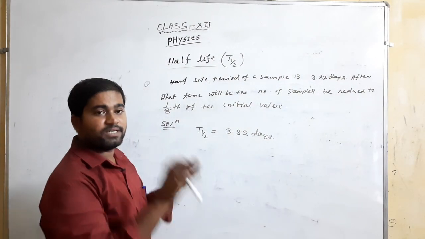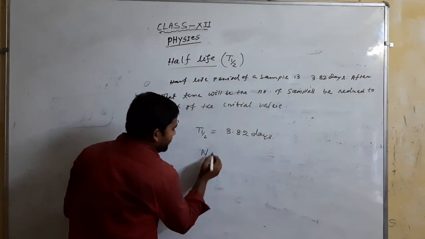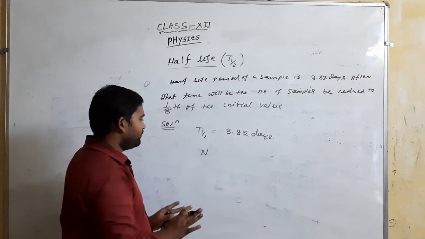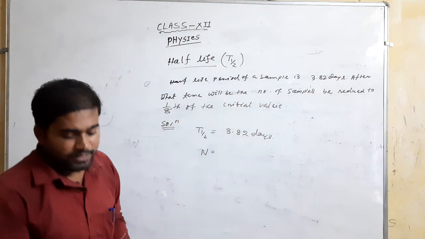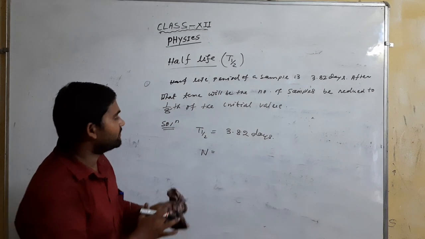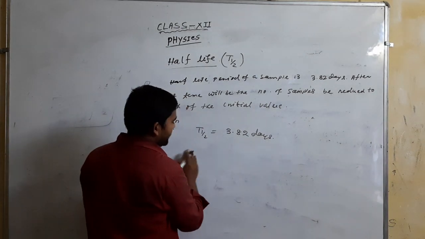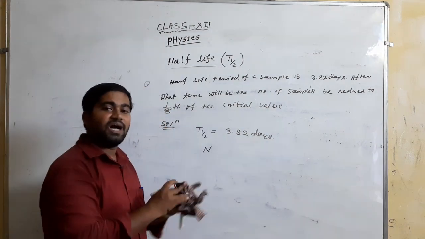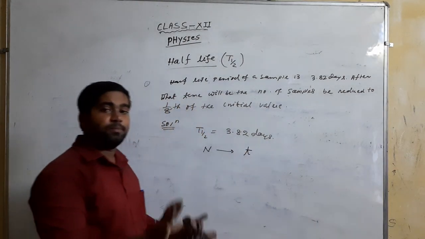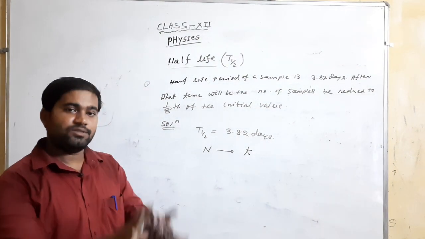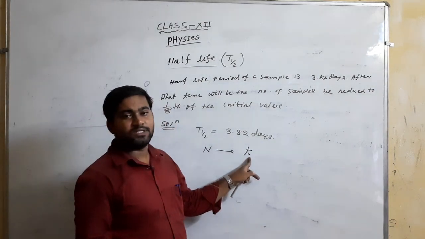Suppose after decay the number of samples is N, that is, the number of samples left in the radioactive nuclei after time t.